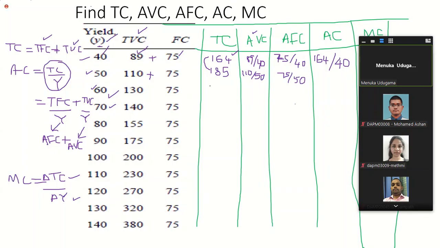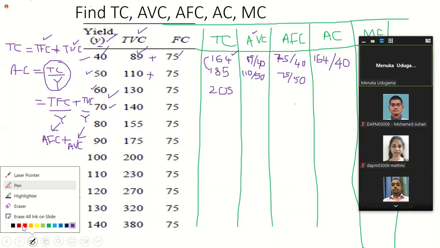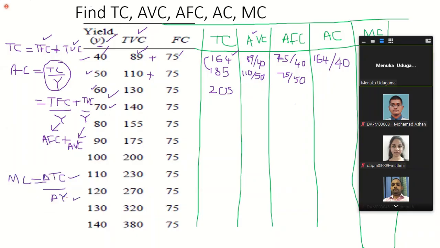So here, the total cost for this one is 205. Right. So what's the difference there? Now here, this difference is 20, isn't it? Change in total cost is 20. What about this difference? How much? So this is not 20, this is 21.